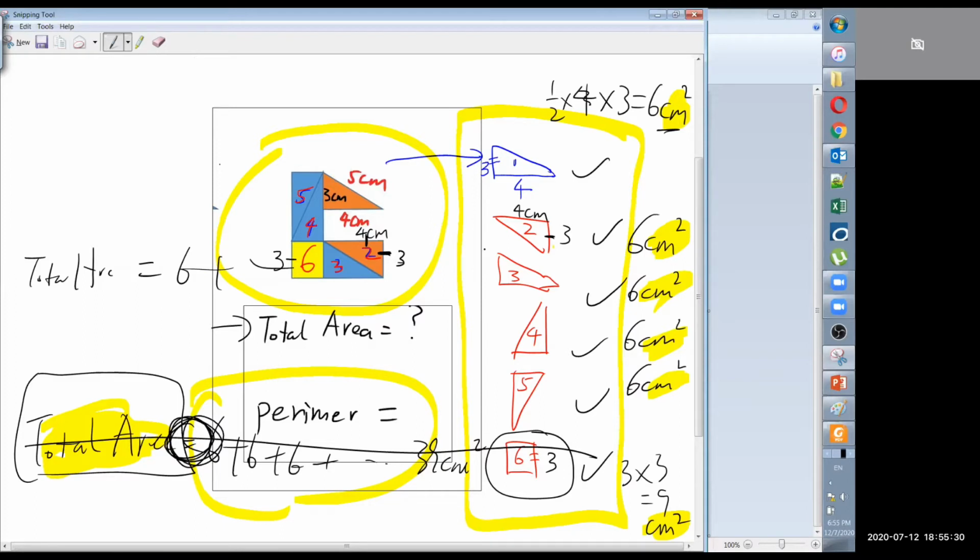Just cross it with one line and rewrite total area equal. And we send over. Send it over.